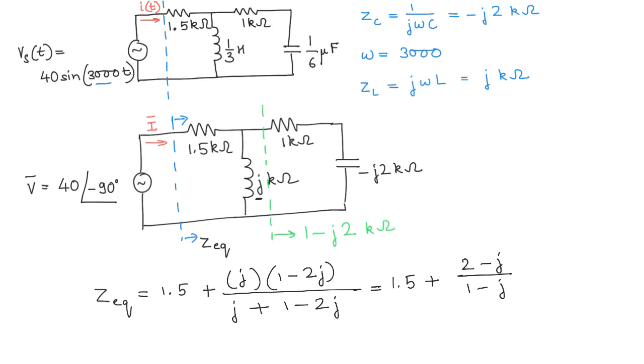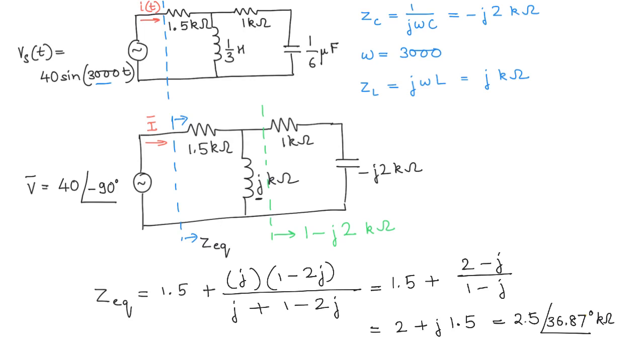You can resolve this, I'm sure, because you know complex numbers, and you will get 2 plus j 1.5, which turns out to be 2.5 with an angle of 36.87 degrees kilo ohms.